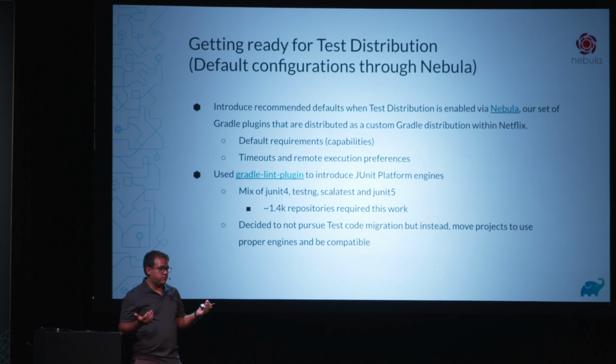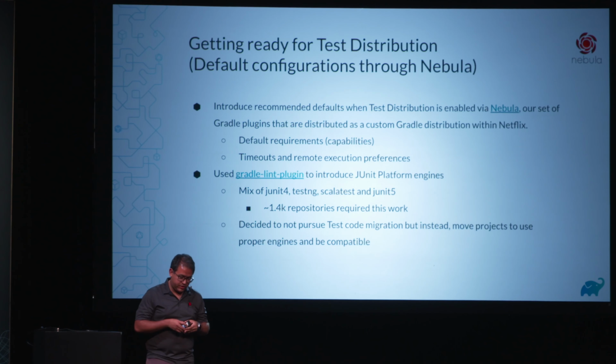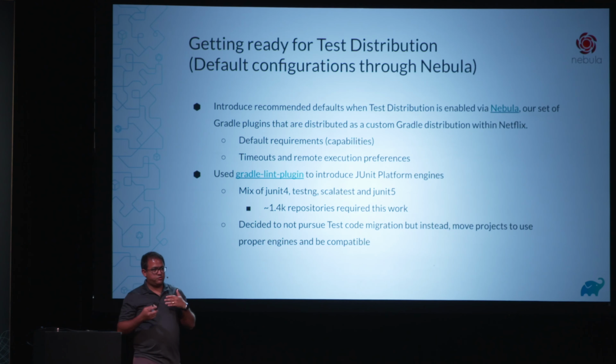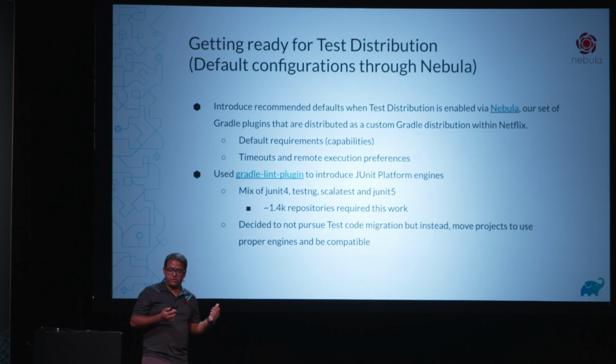Things like that. In addition, as Marc pointed out, test distribution requires a JUnit platform. So we found ourselves in an interesting challenge: engineers have built these projects for years. They might have JUnit 4, they might have JUnit 5, TestNG, and so on. But really, we didn't want to run a massive migration in terms of code. We decided we are just going to introduce the JUnit platform engines and go from there.